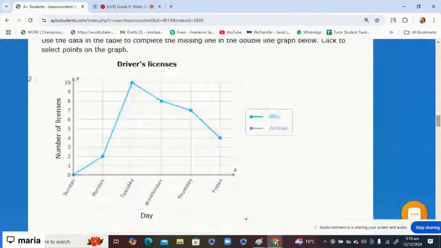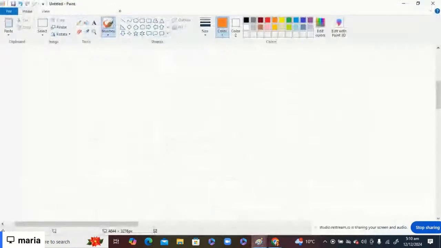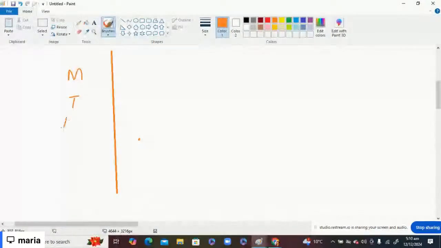I am going to draw this. Look at the graph data here. It is from Monday, Tuesday, Wednesday, Thursday, Friday, and Saturday.